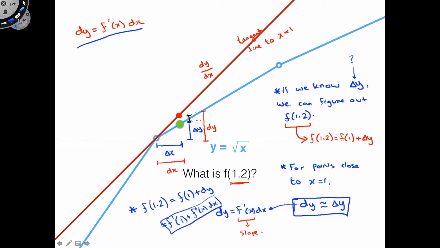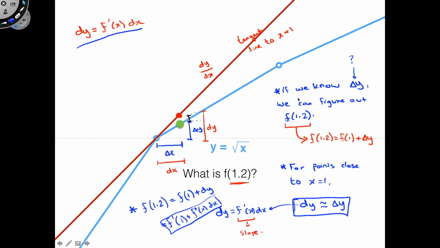So a quick summary. We know that for this function y equals square root of x, between x equals 1 and x equals 1.2, it rises a certain value, delta y, okay?